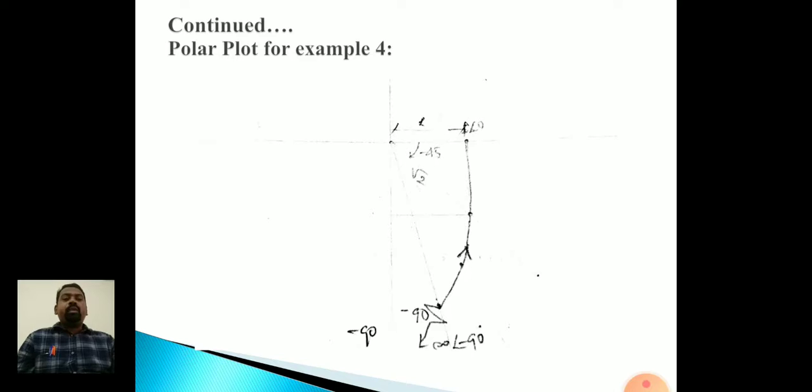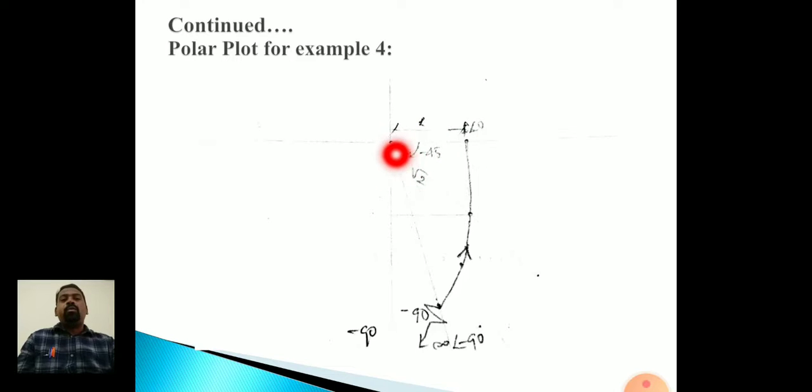As omega tends to 0, m omega is 1 unit, and as omega tends to infinity, the angle is minus 90. So at minus 90 the curve ends at infinity.